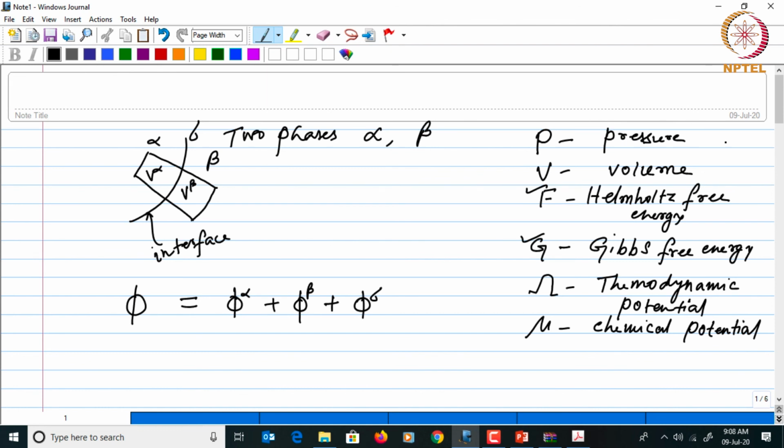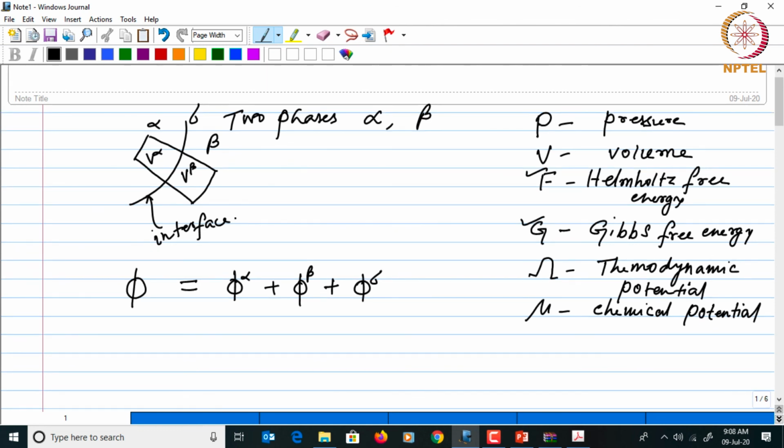And this we have done today with the help of this diagram, where we have considered two phases alpha and beta separated by a curved interface sigma. And for a scenario like this, any thermodynamic property can be taken as the sum of the properties of the phases and that of the interface, which you see over here.